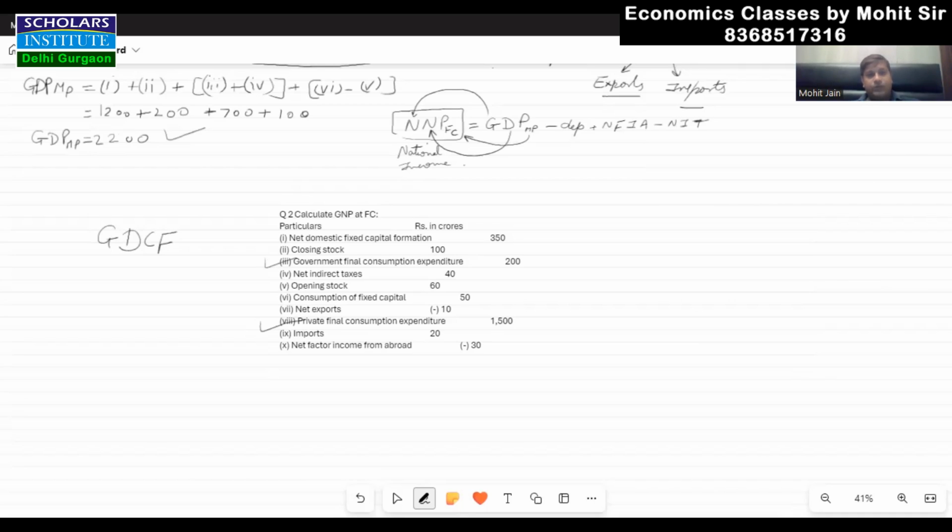Okay, in this, what you need to do is that it is a sum of two things: gross domestic fixed capital formation and change in stock. For finding out change in stock, what you need to do is closing stock minus opening stock.